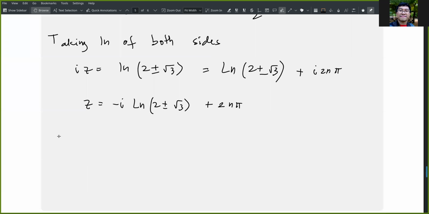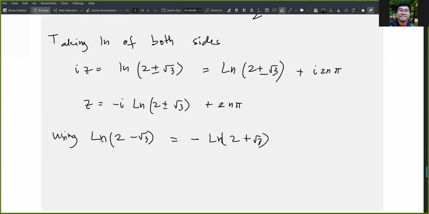We use ln, so using the identity ln of 2 minus square root of 3 equals negative ln of 2 plus square root of 3.